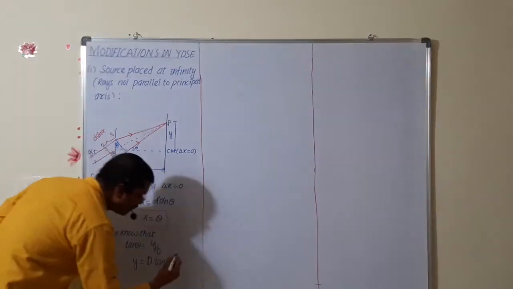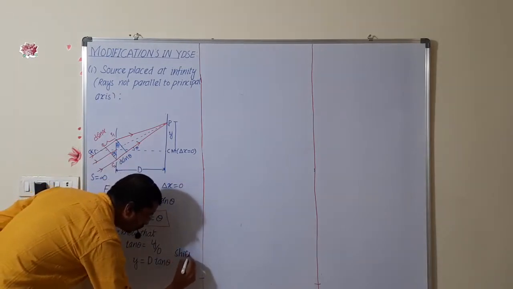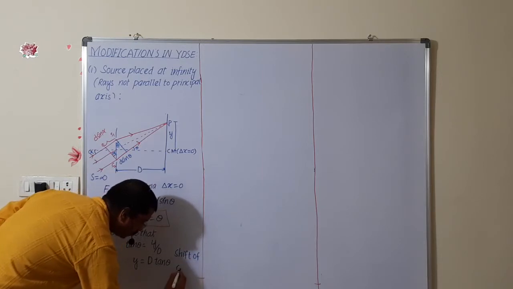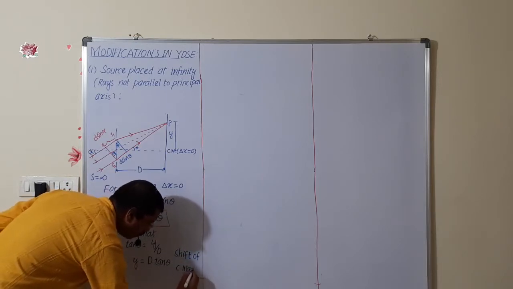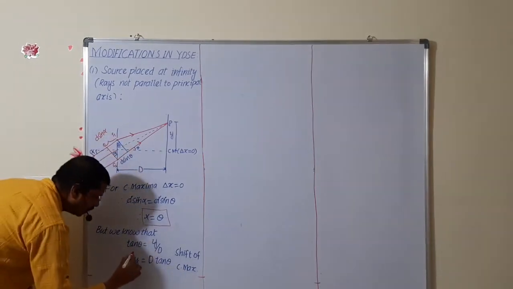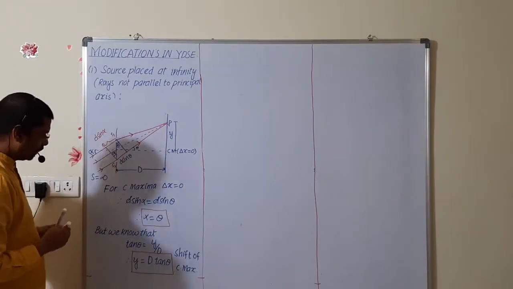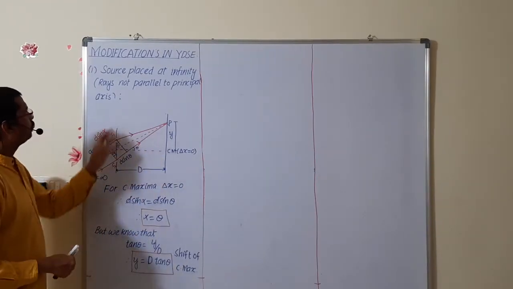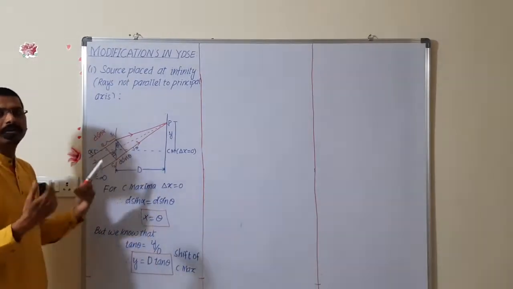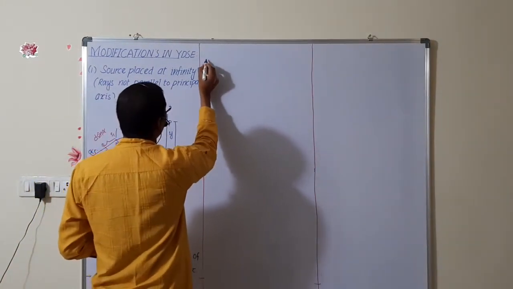This D tan theta is the shift of the central maximum. The central maximum is shifted by D tan theta. This is the condition when the source is placed at infinite distance. Now we can discuss the second condition.